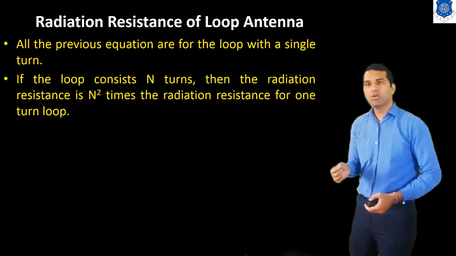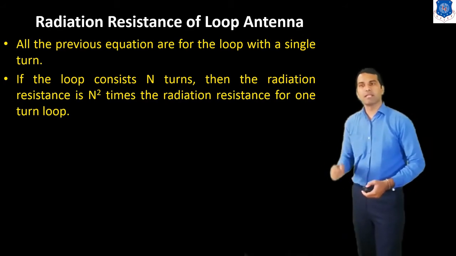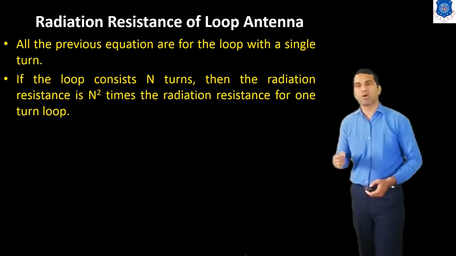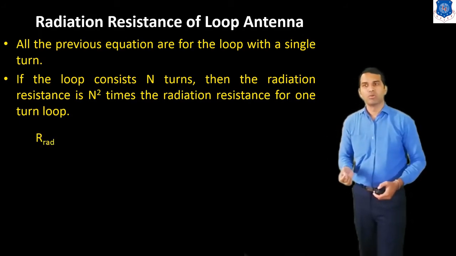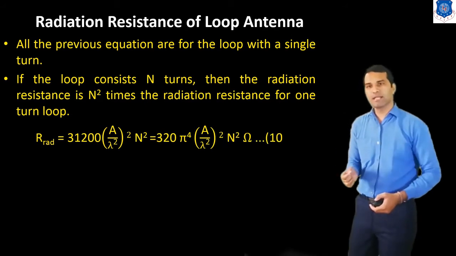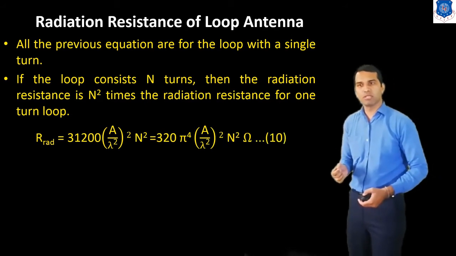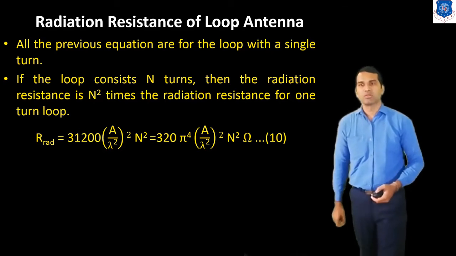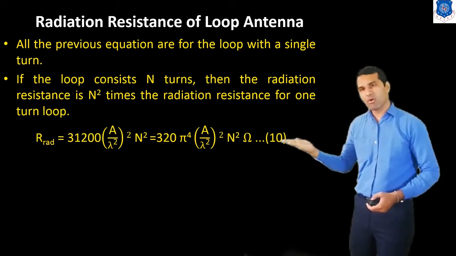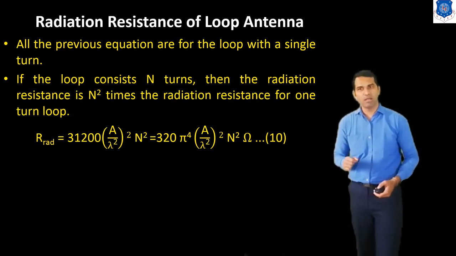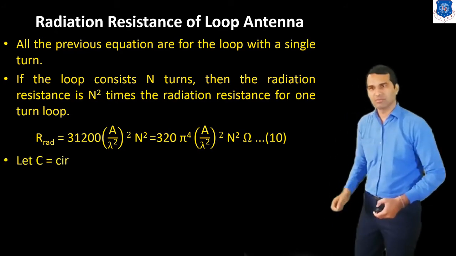Now if the loop consists of N turns, then the radiation resistance is N² times the radiation resistance for the one turn loop. So we can write for N turns the radiation resistance equals 31200 (A/λ²)² N². So also in the π form, we can write 320π⁴ (A/λ²)² N².